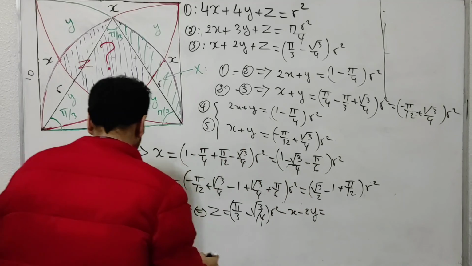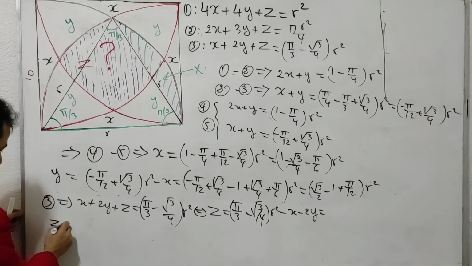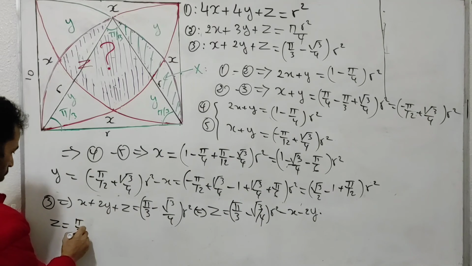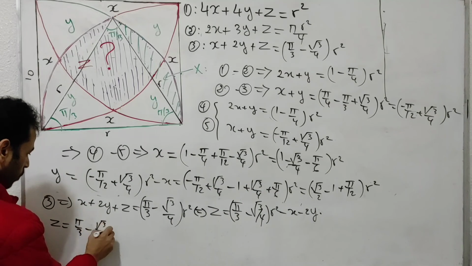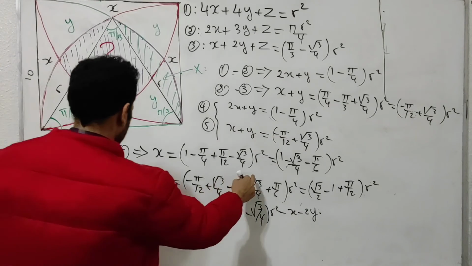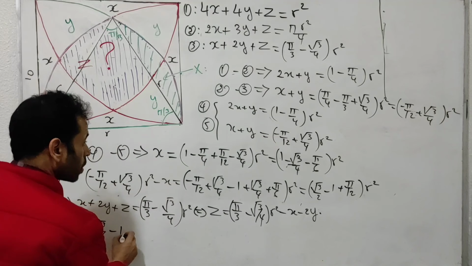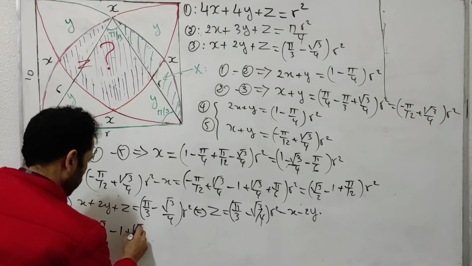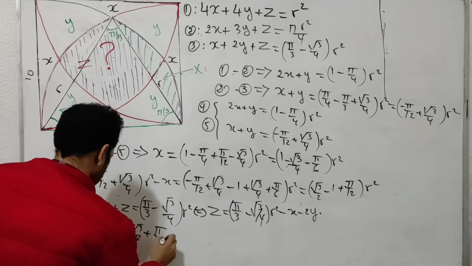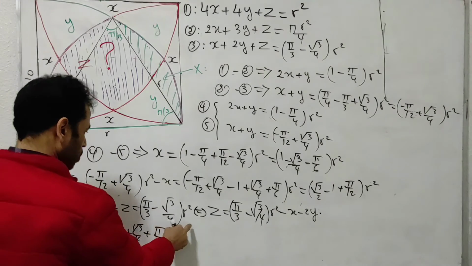So I will get z equal to pi over 3 minus square root of 3 over 4 minus x, which is minus 1 plus square root of 3 over 4 plus pi over 6, minus 2 times y.